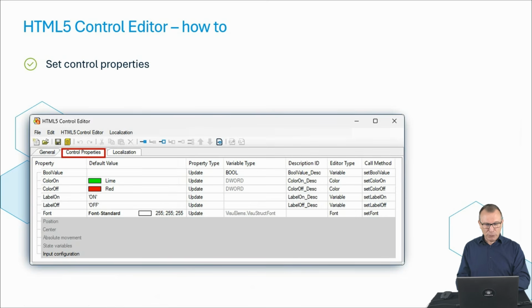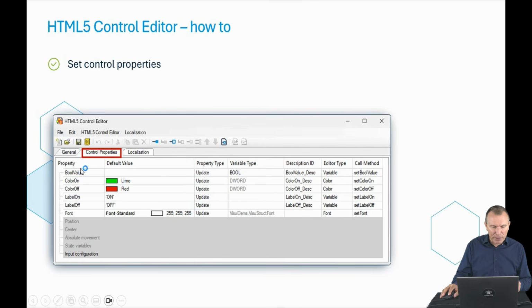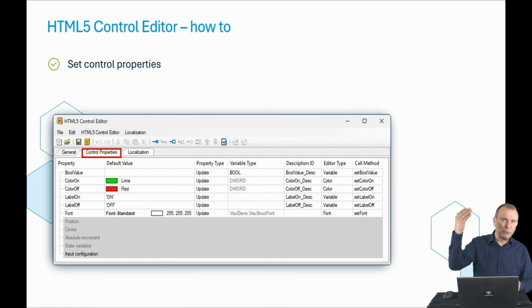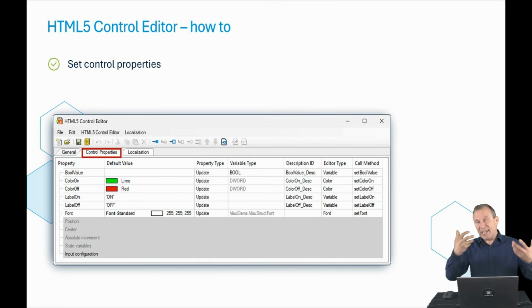Furthermore, we have to discuss the control properties. Now, these properties are the properties that are listed inside the CODESYS development system when we click on the referenced element to fill out the variables that are taken to change the element, to change some parameters such as colors and so on. And you see there are a lot of settings to make here about property type, variable type, description ID, editor type, and the methods that have to be called.